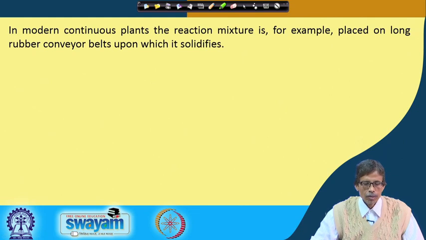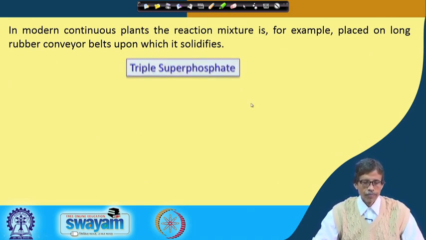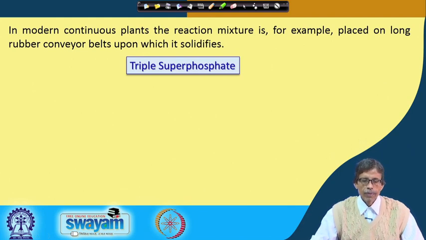Basically, in modern continuous plants, the reaction mixture is placed on long rubber conveyors. On those rubber conveyor belts the solidification is allowed to take place. The entire material is solidified on the conveyor belts. That solid product is what we get for the making of the superphosphate.